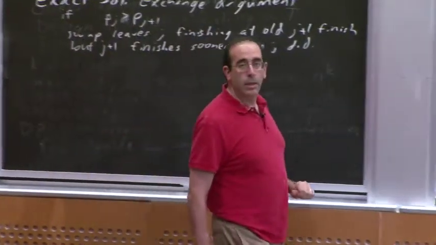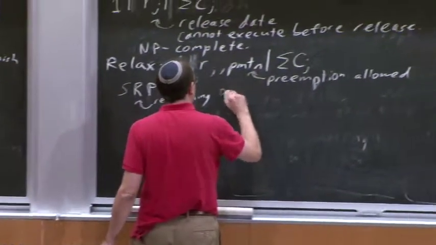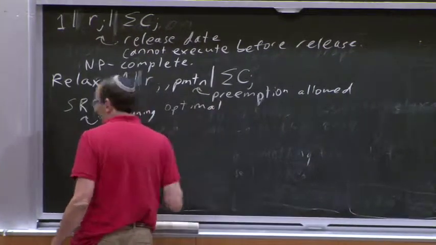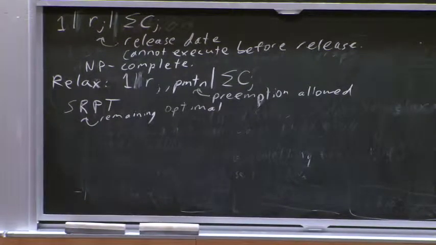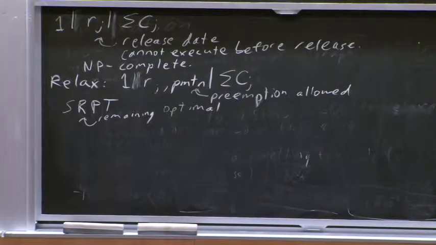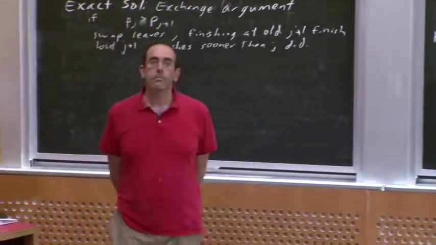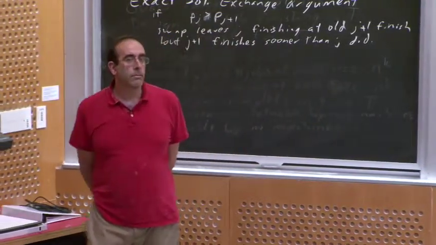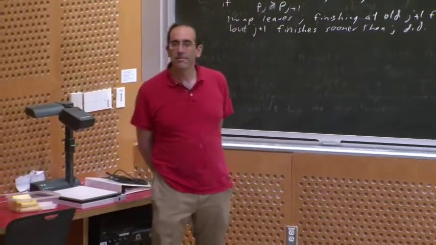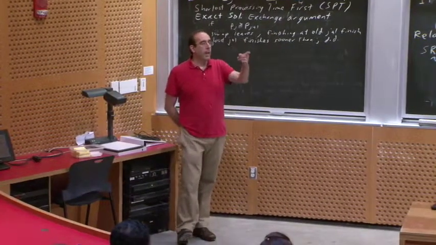Now, why is this a good heuristic? Right? This turns out to be optimal for the preemptive case. What would the intuition or formalism be for arguing that this is optimal? Yeah?